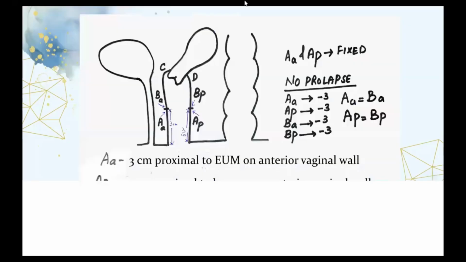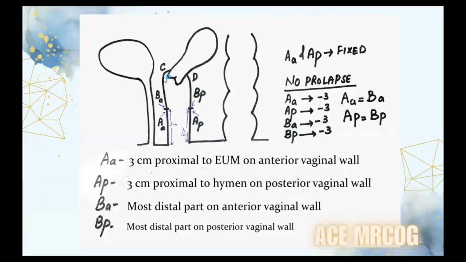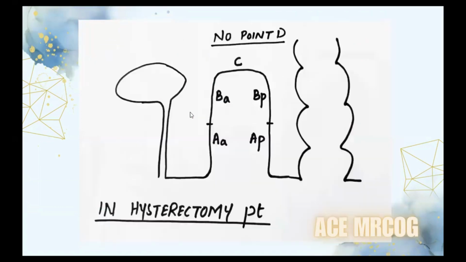You can see that point BA is basically the most distal point of the anterior vagina. If this is 3 centimeter, this total is almost 7 to 8 centimeters, and the posterior wall is almost 10 centimeters. So BA is basically the point that is most distal on the anterior vaginal wall.